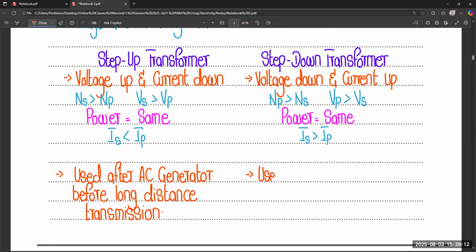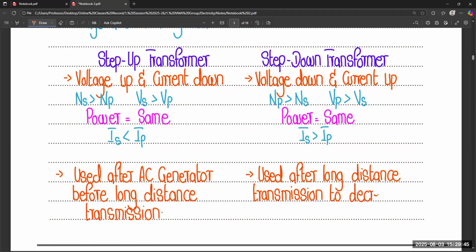So it is used after long distance transmission to decrease voltage back to 220 or 240 volts depending upon the requirement. So this is the purpose.